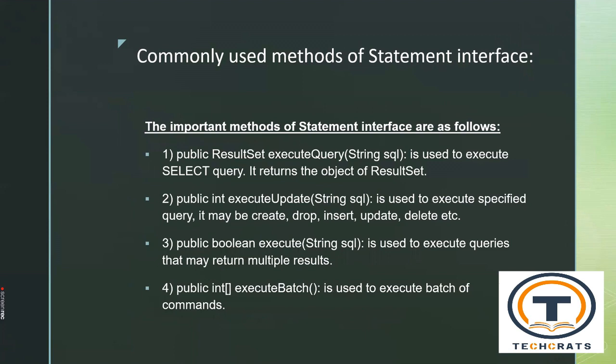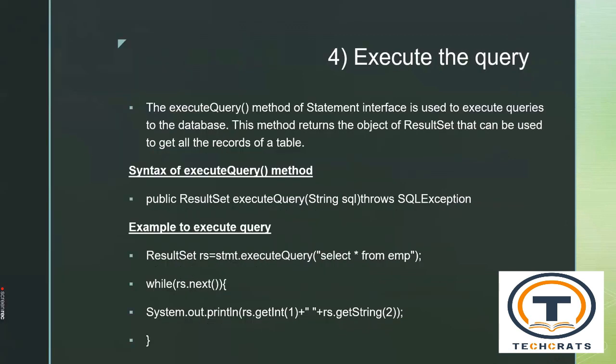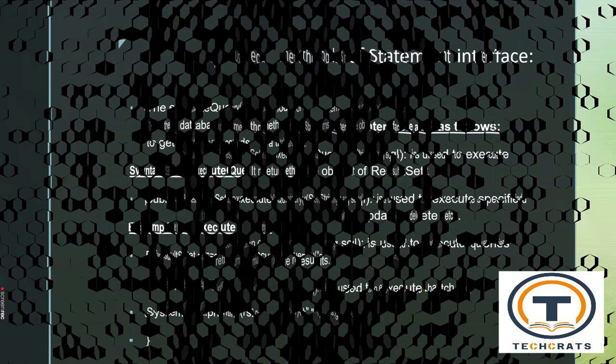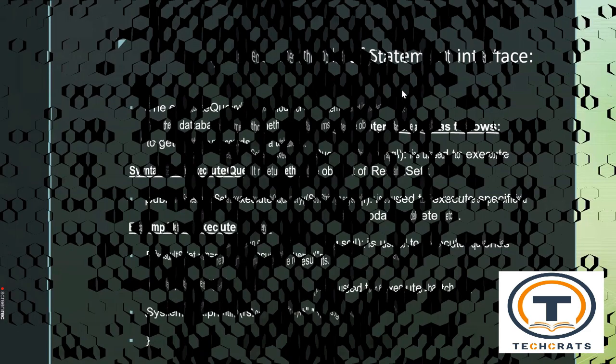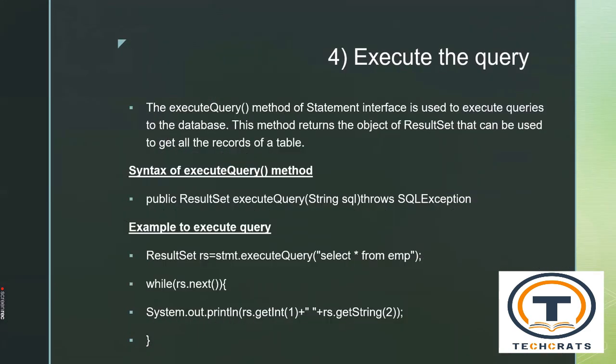So these queries which I have explained are totally related to your fourth step, execute the query. When you create an object, you actually want to execute that query, right? Depending upon the situation, it could be executeUpdate, executeQuery, normal execute, or executeBatch. So you have some methods related to the Statement interface. This is the way I have represented it, right?